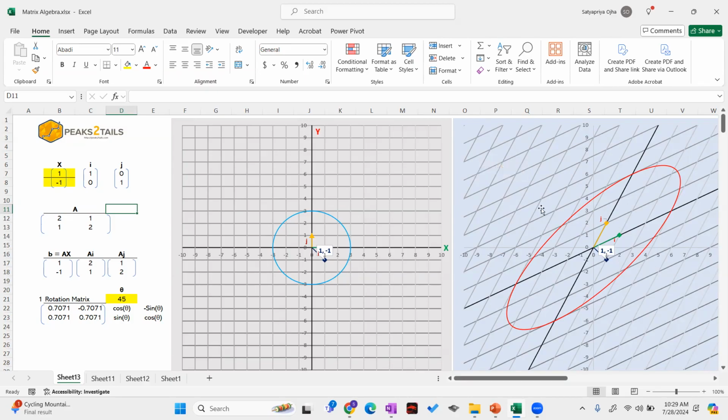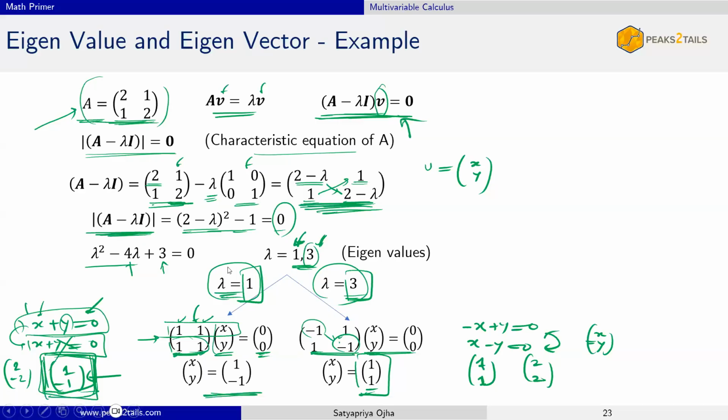Direction has not changed, obviously. But what is the scaling factor here? The scaling factor is 1 because 1, minus 1 multiplied by 1 is the same, 1, minus 1. And that is lambda. Lambda equal to 1.